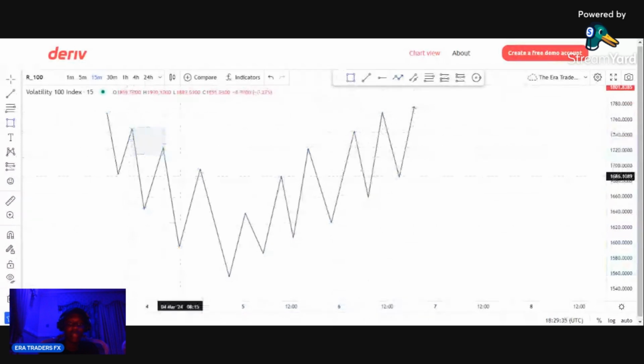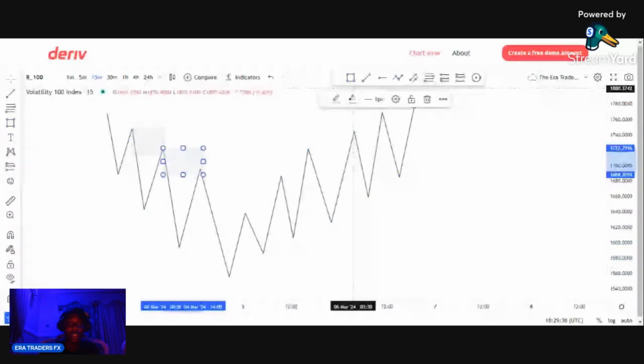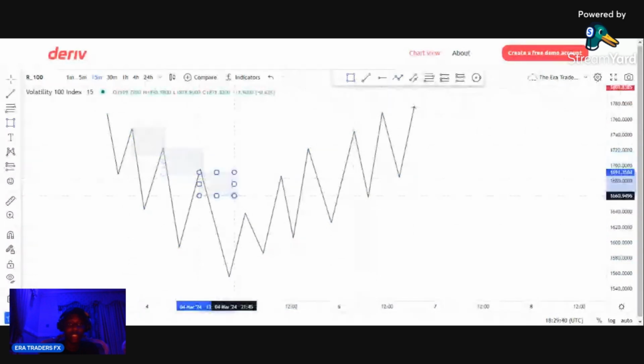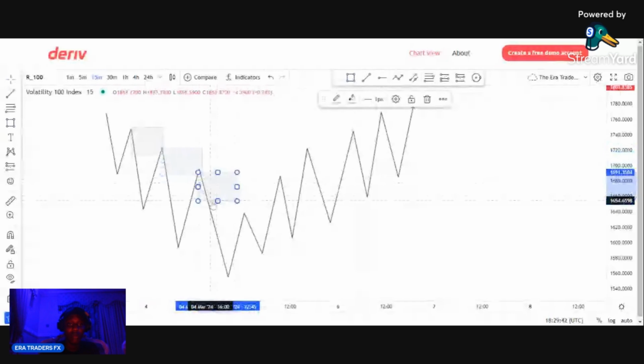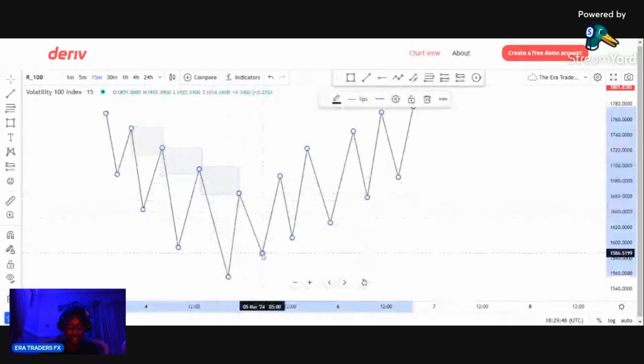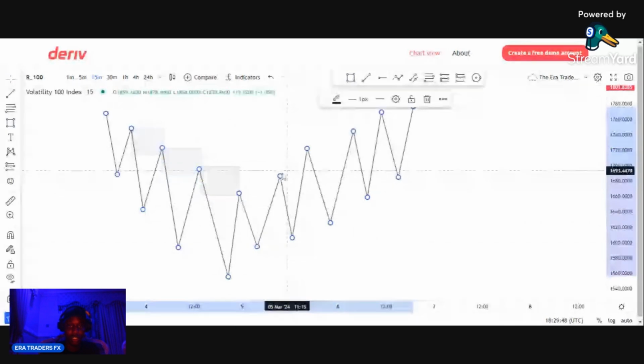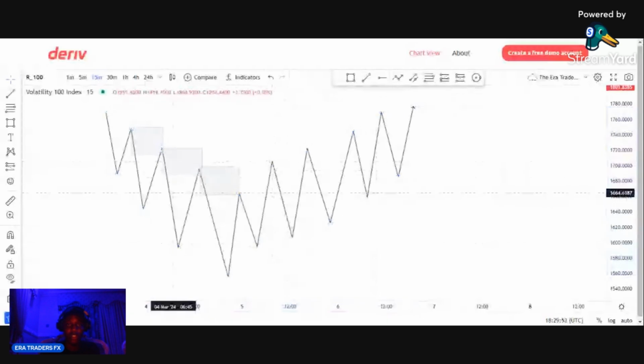These are the supply. I don't want to go into details too much, but these are supply zones. And so when you see that price comes into a supply zone, instead of continuing the trend, it fails to take out this old low, and now forms a failure swing.